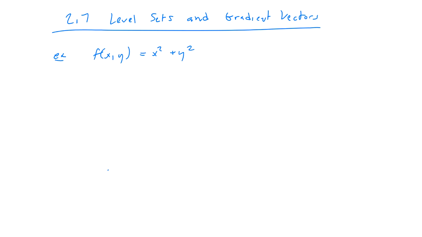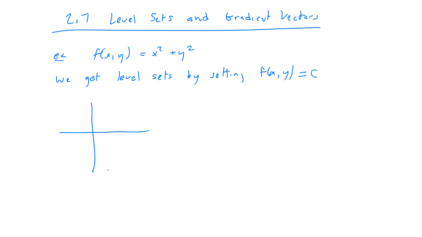So we get level sets by setting the function equal to a constant. So in this case, and I think I might have even done this paraboloid.